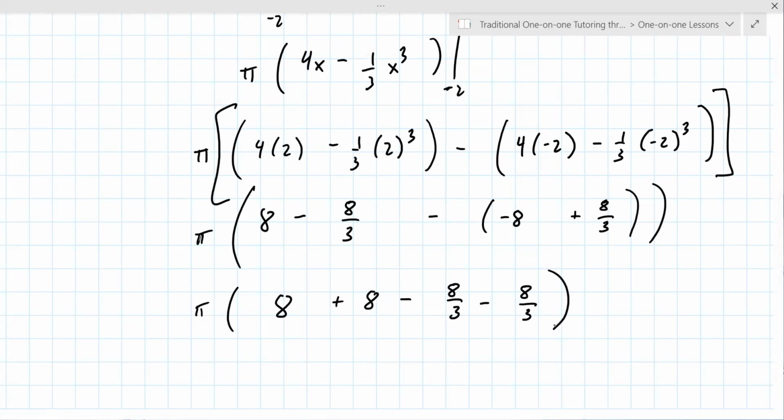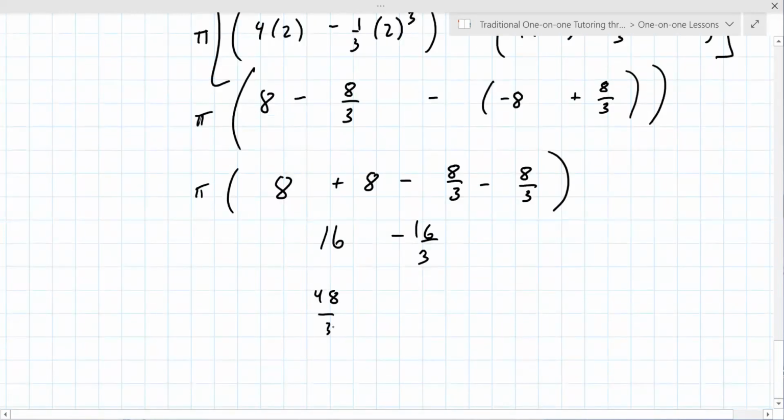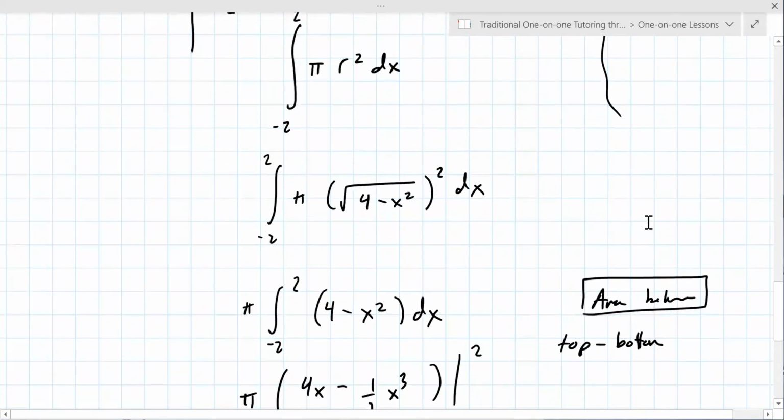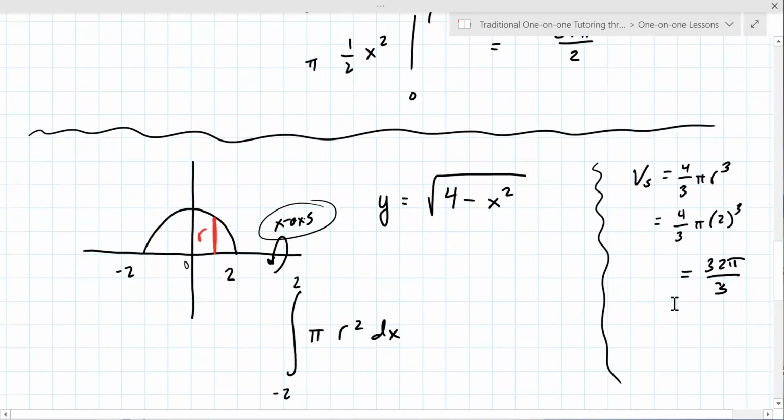So it's 16 minus 16/3. And 16 is 48 over 3, minus 16/3. So then that's 32 over 3. Okay, and let's go back up for the big reveal. See how it matches your formula.